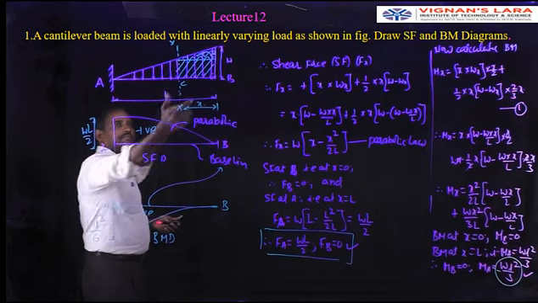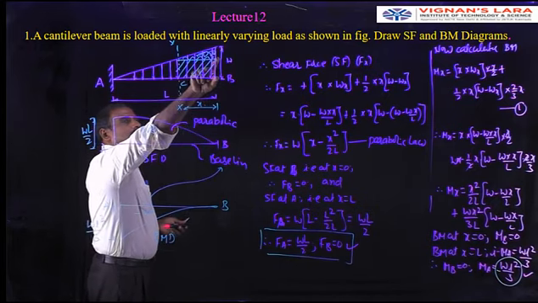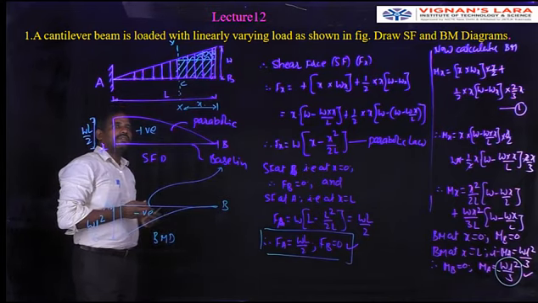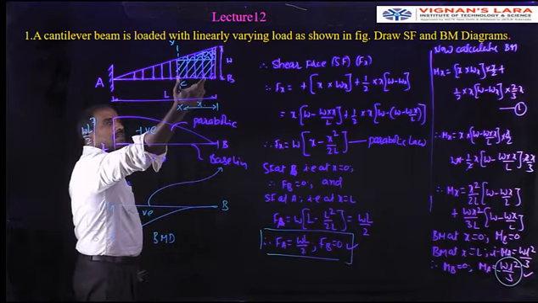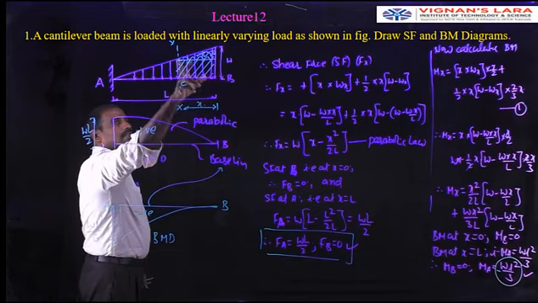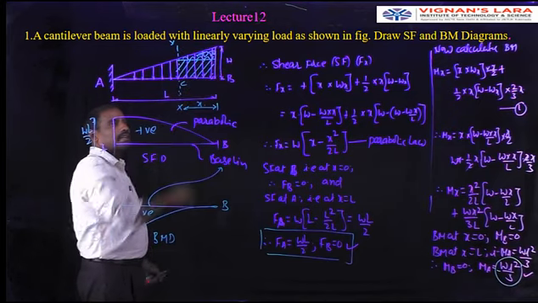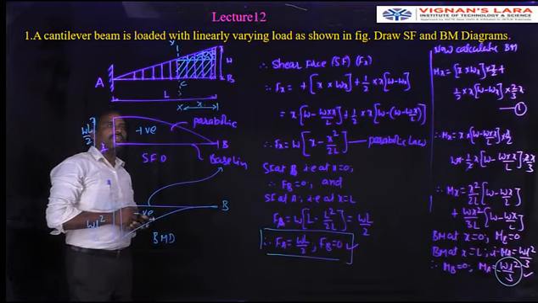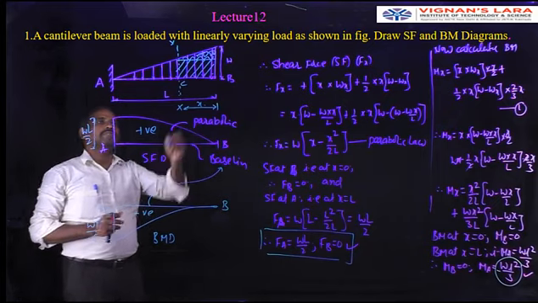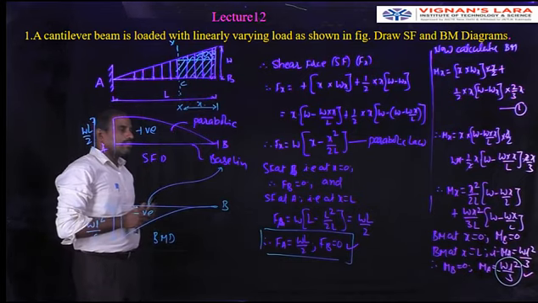We know that this is the small x, this is W suffix x. Then you can find the total load with the geometry, that is the area of the rectangle, x into Wx. Similarly you can calculate the total load considering the right angle triangular area, that is half into base into height. Then the location of the rectangle as well as the triangle you also know.